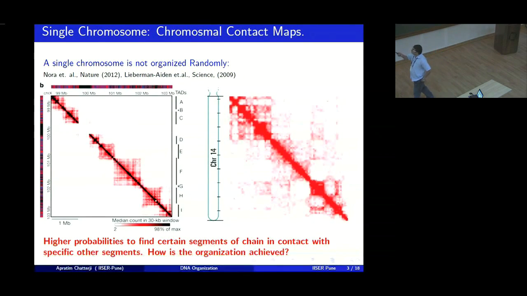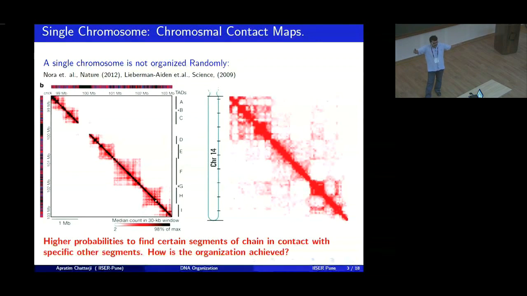These are the so-called chromosomal contact maps. Basically, what biochemists have done is, using biochemistry methods, figure out the probability or frequency of finding certain parts of the DNA polymer close to other parts. In the x-axis and the y-axis is the segment index.